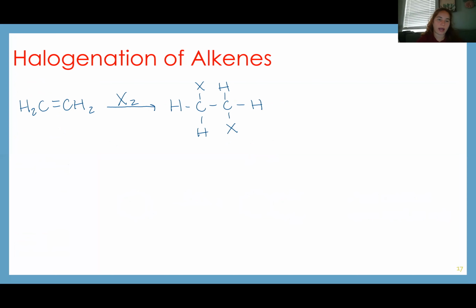So if you react an alkene with Br2, Cl2, or I2, you are going to end up adding a halogen atom to each carbon of the alkene. This addition is also going to be in a trans format, which is why I drew it the way I did. Obviously on ethene going to ethane there's no stereochemistry here, so it doesn't really matter, but when you get to cyclic ones, it will.